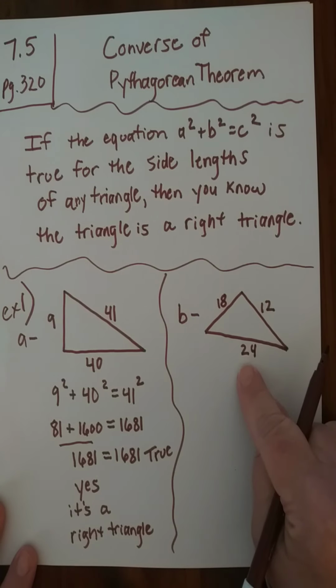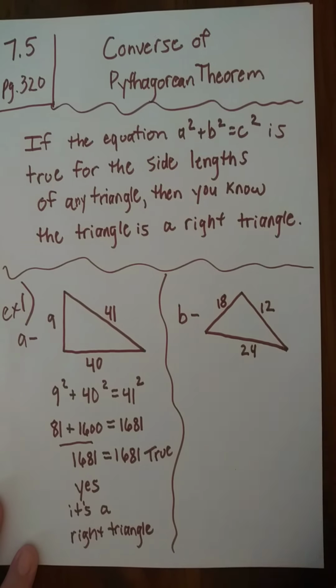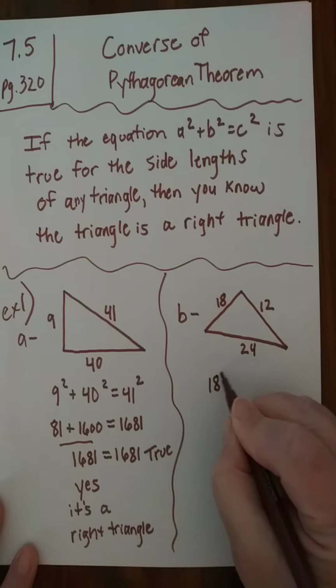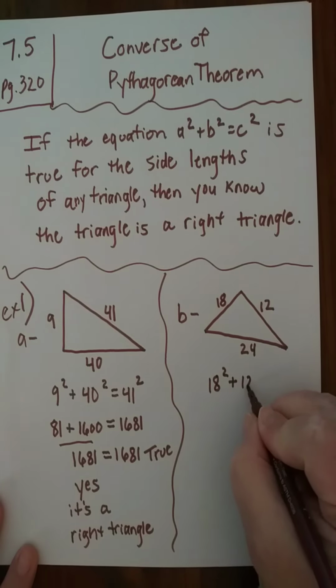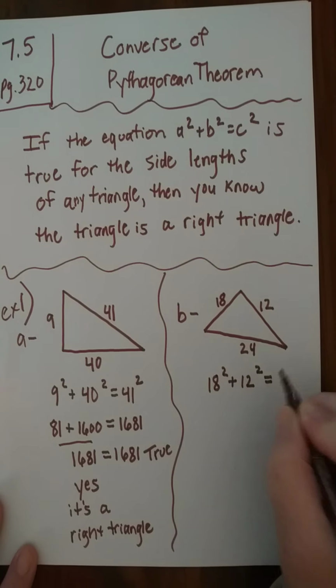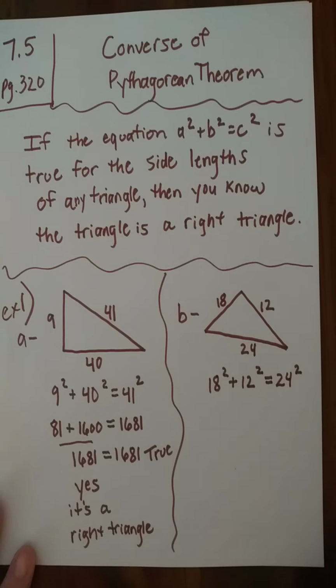Remember, the longest side always has to be your hypotenuse, your c. So these two are the legs. 18 squared plus 12 squared should equal 24 squared. We're going to test it and see if it works.